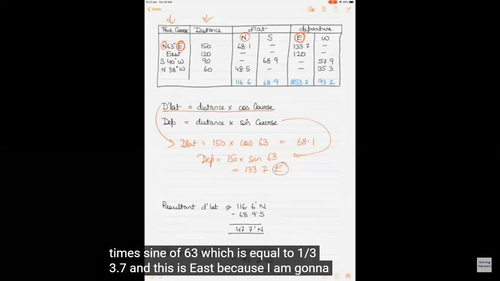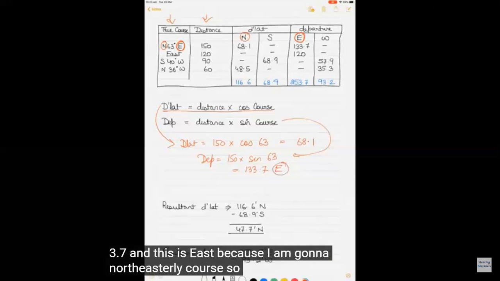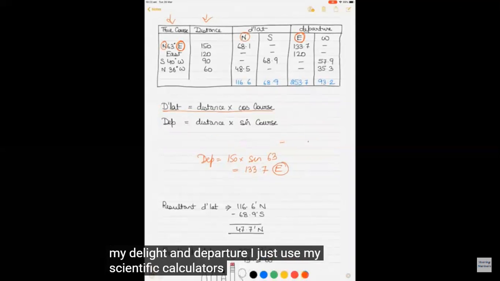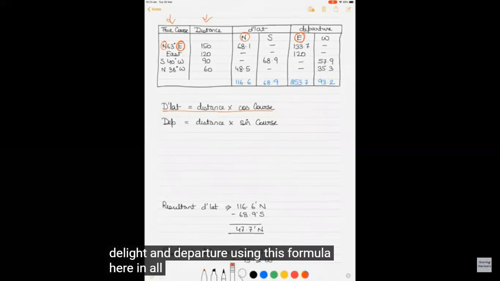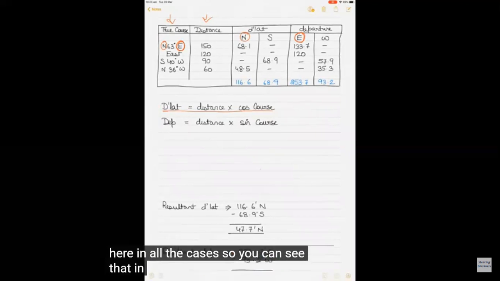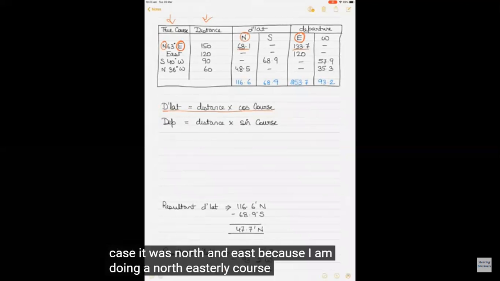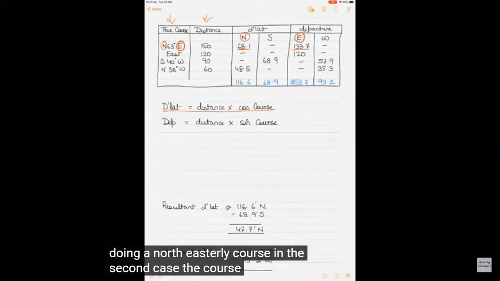This departure is east from the northeasterly course, which is why we need to put in the cardinal course. From the scientific calculator we will get DLAT and departure for each leg, and then we will add all of them to get the final DLAT and departure.